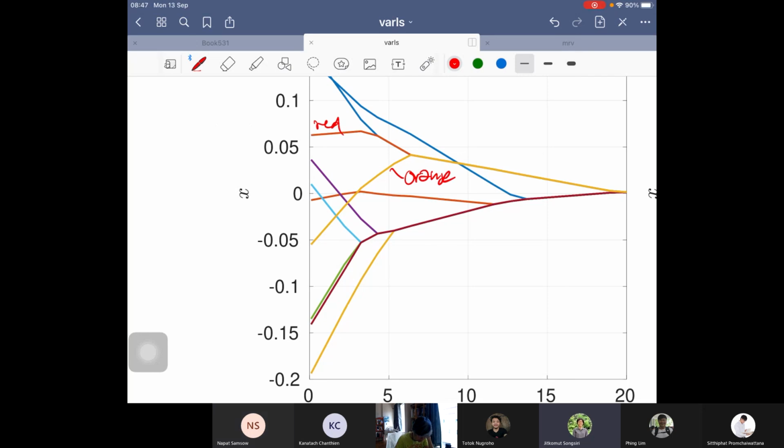Red and orange tend to be equal at some values of gamma 2.